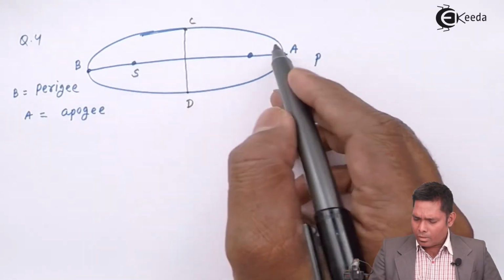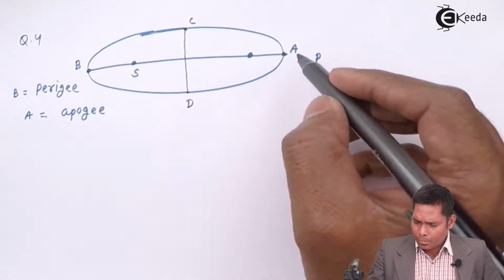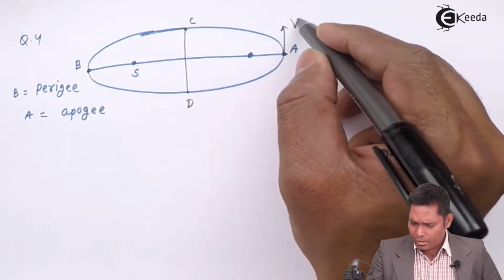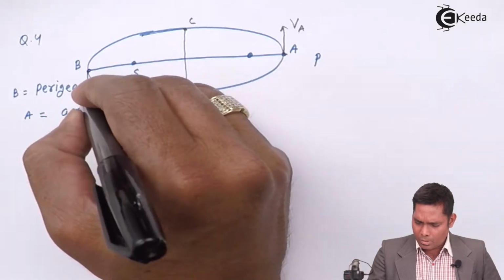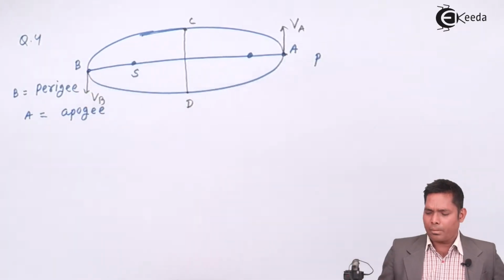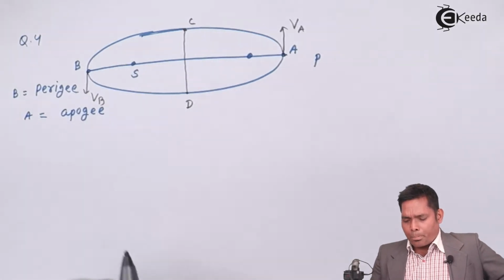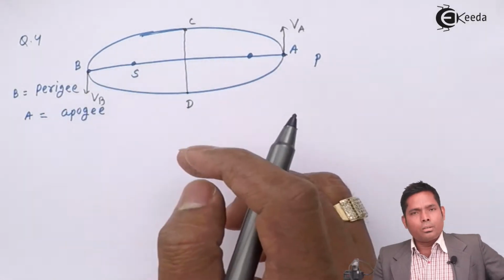The sun is here. So it says that the speed here is VA, and the speed here is VB. Obviously the speeds are not the same. That also we have to establish, at which point, A or B, the speed is more.